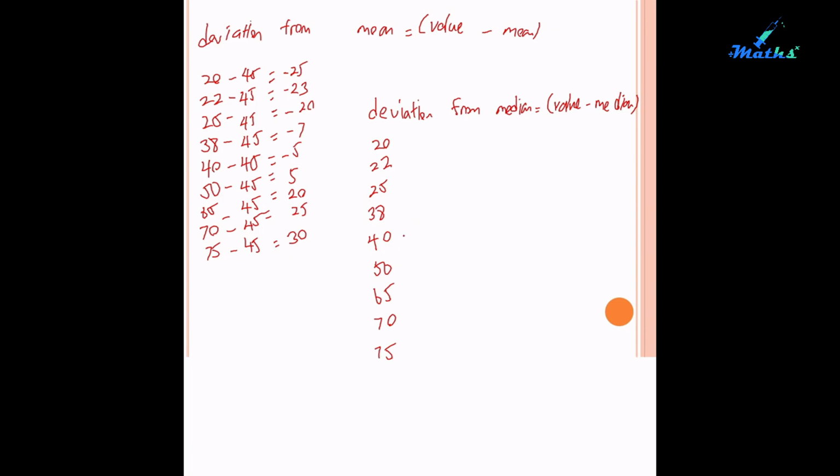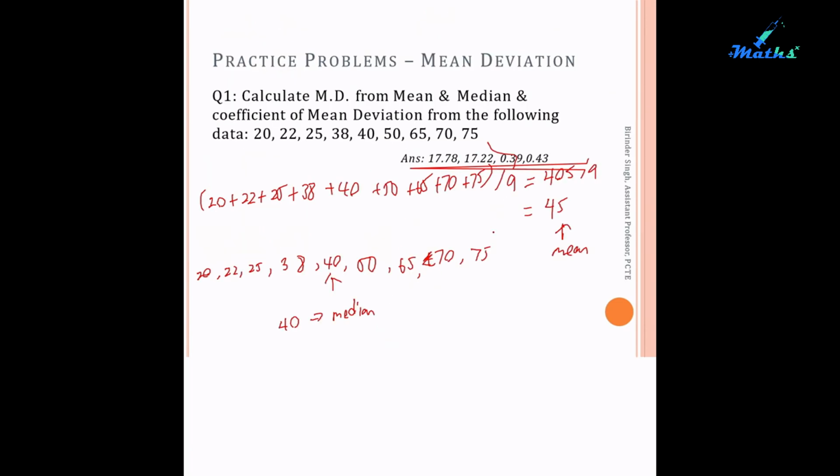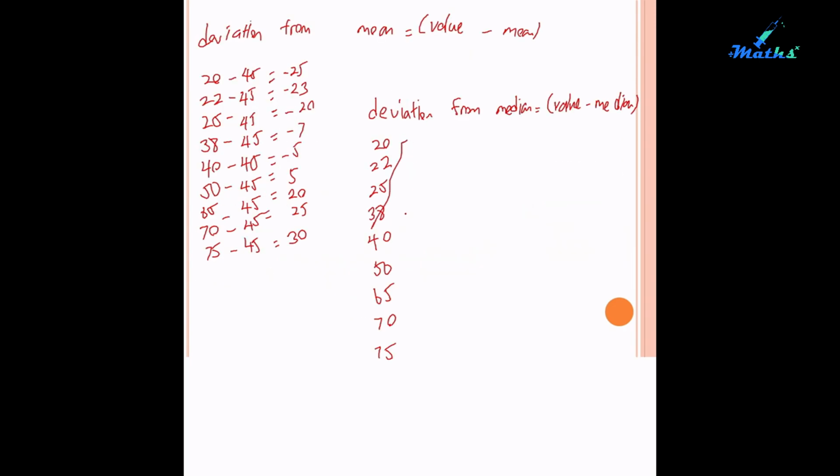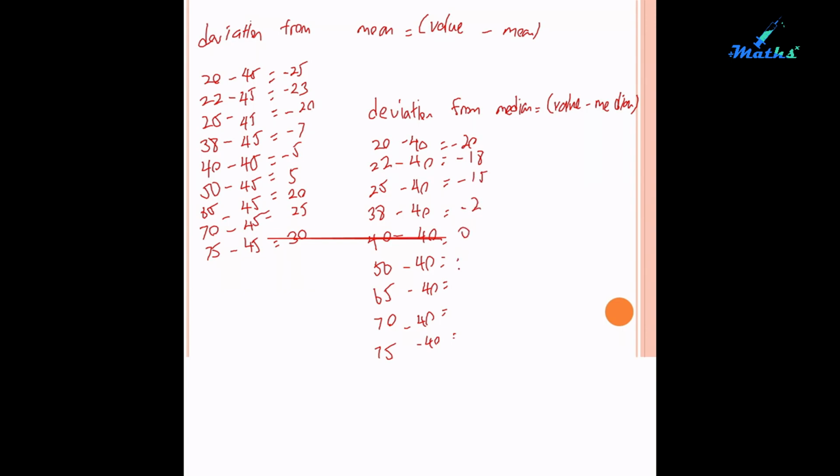Okay, the median is 40, right? So we write down minus 40 for each value, and we will get the answer: minus 20, minus 18, minus 15, minus 2, 0, 10, 25, 30, and also 35.